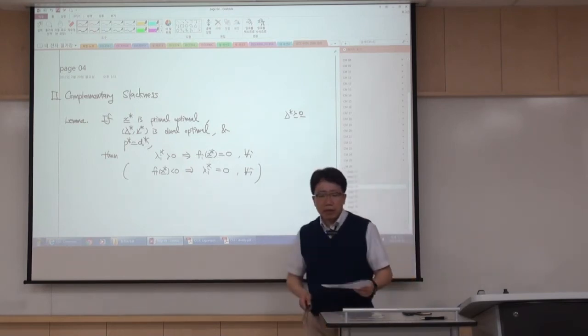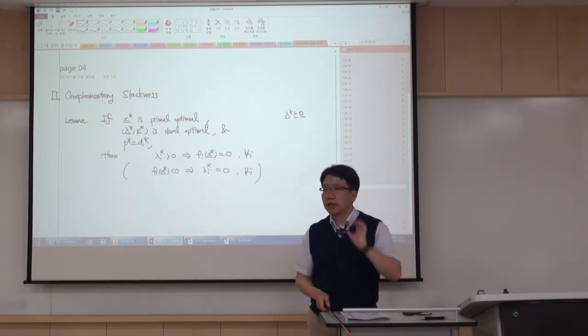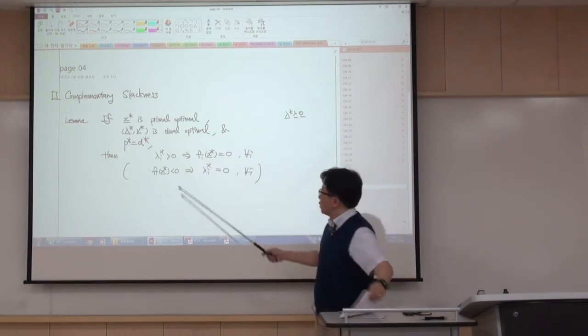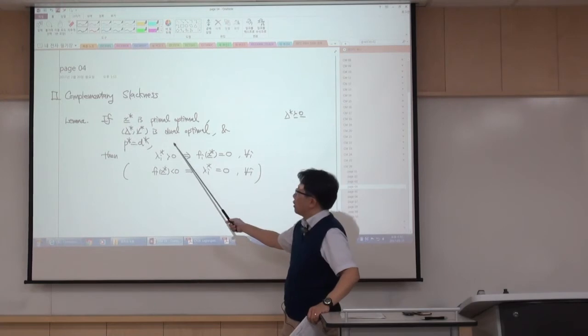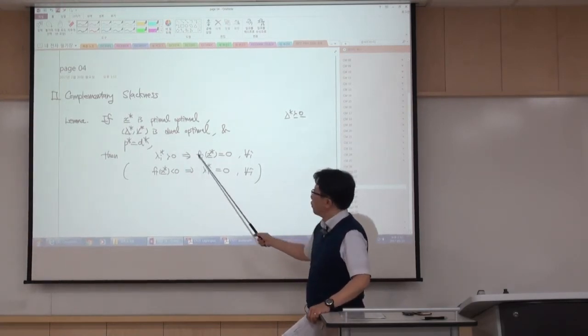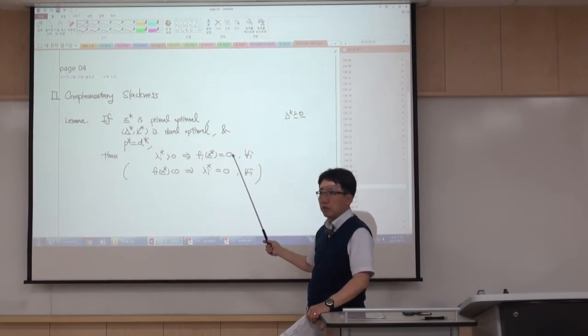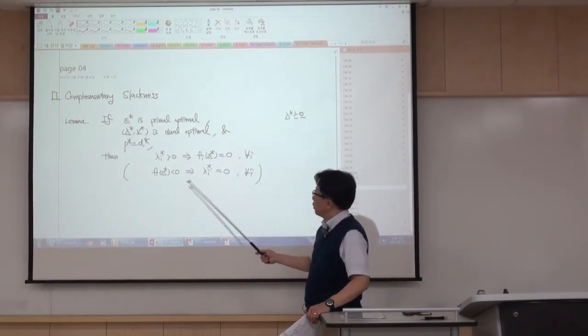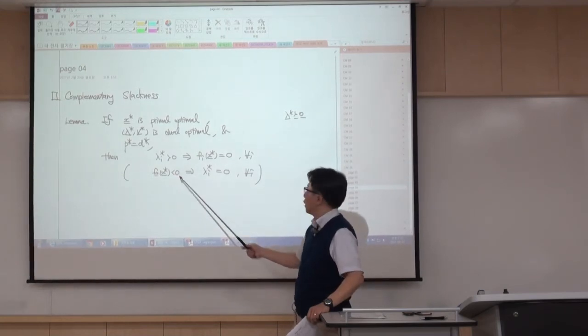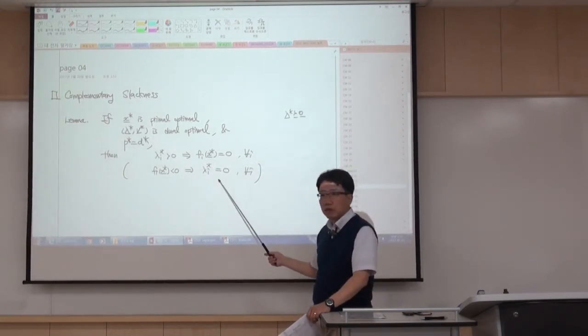By the way, slack means loose, not tight, which means not equal to something. Now, let's see. If lambda i is not equal to 0, then the corresponding f_i must be 0. Here, if f_i is not equal to 0, then lambda i is equal to 0.